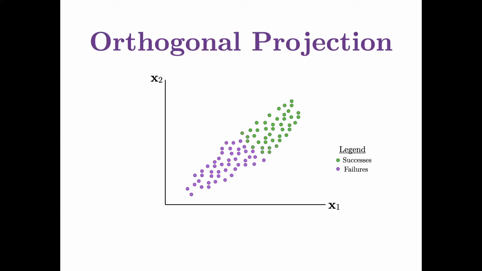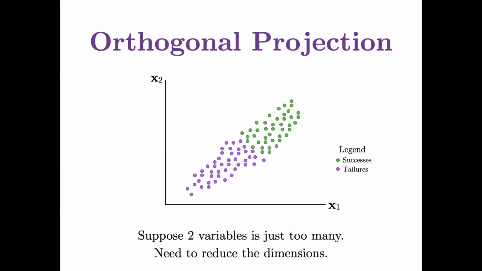Here I have 2 variables, x1 and x2, and a third binary variable that talks about whether each point was a success or a failure. Now, I want you to stretch your imagination and suppose that 2 variables is just too many. We need to reduce the dimensions of this data. Obviously, that's hard to think about, but it's not hard to think about if I told you I had 1,000 variables.